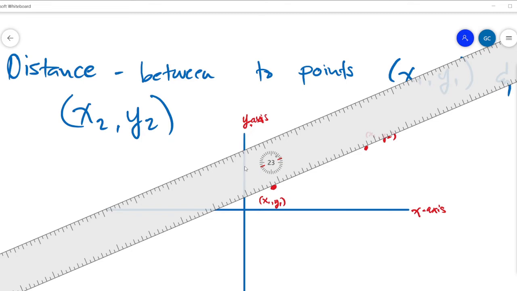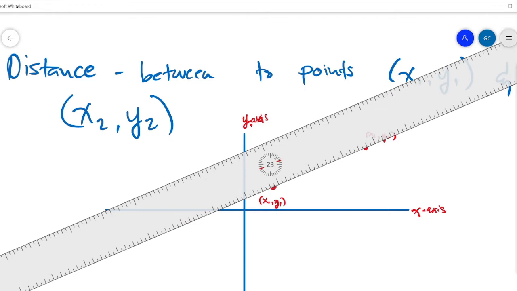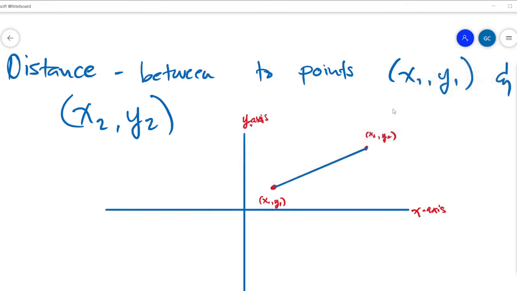By shortest distance, we will be getting this distance. So how do we compute for this distance?